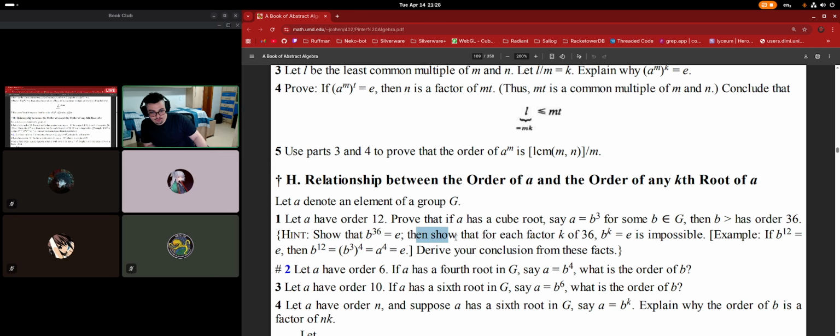Again, you need to show that for each factor k of 36, right? So in my case, I'm saying this must be 60. So if you do k like 1, 2, 3, 4, 5, 6, 12, 15, 20, 30, you're always going to reach this contradiction. Will you actually? Well, that's what my understanding is.